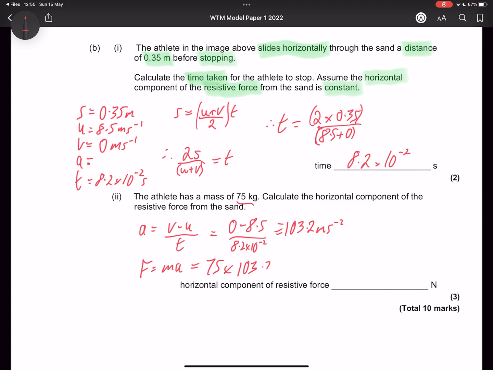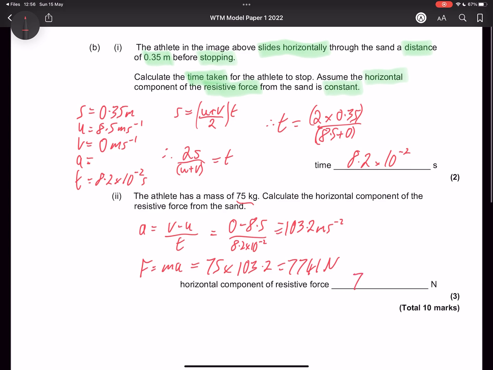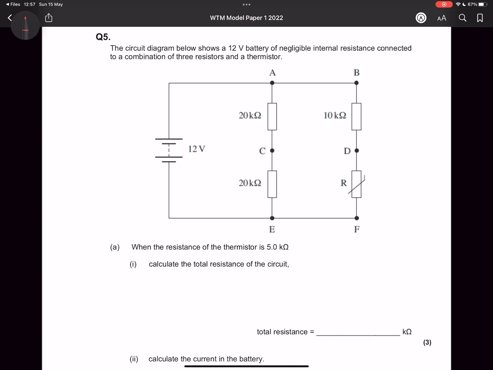So plugging them in, 75 times by our previous answer gives us 7,741 newtons. Now, you're not always required to put the full detail of the answer, or to put it in standard form. This looks like a fine answer to me. I do believe the mark scheme for this one had 7,700 as the answer, because they rounded it for unknown reasons. Just stick to real values.